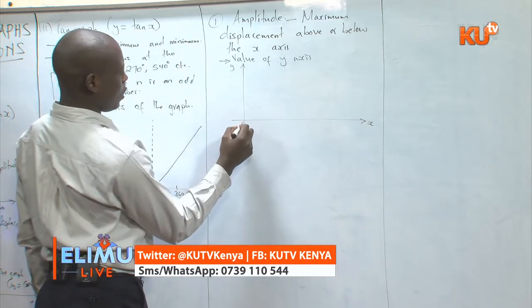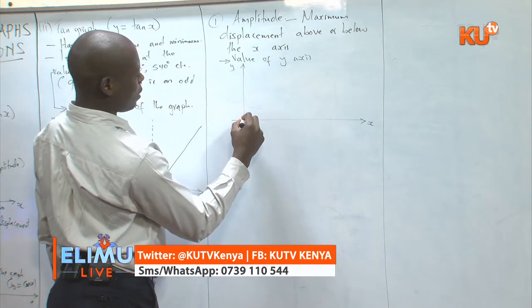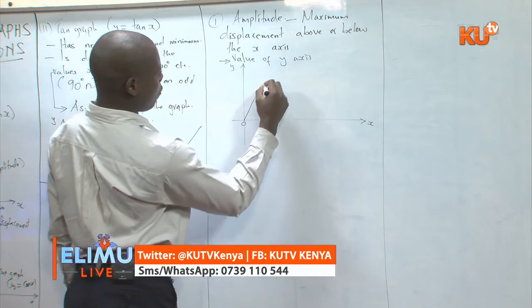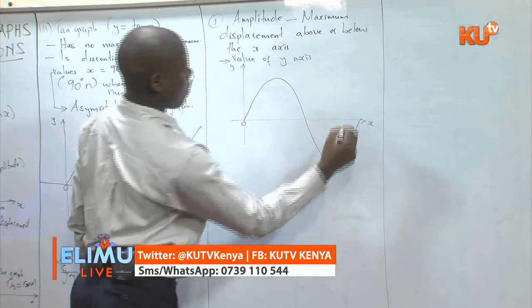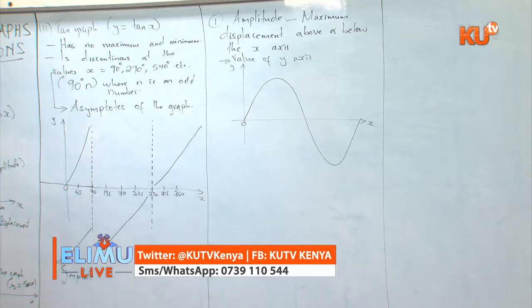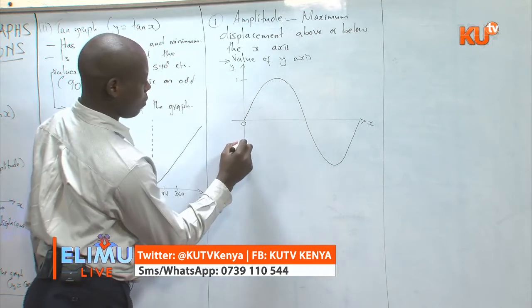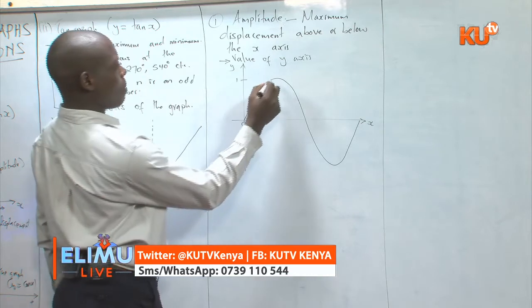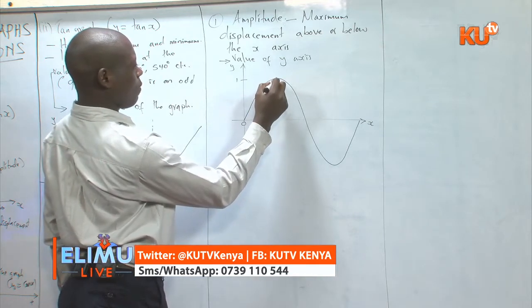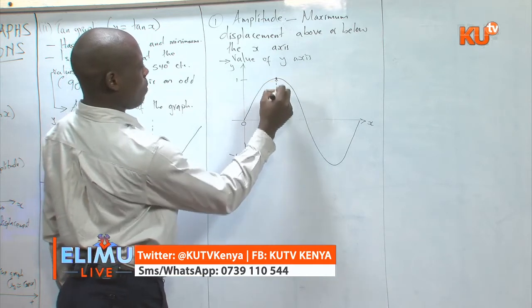We have the point O. If I draw a graph, for example, y equals sine x, this is how it will appear. That is the graph. This graph has a value above the x-axis, which is 1, and below the x-axis, which is -1. So this is what you are referring to as the displacement or the amplitude.